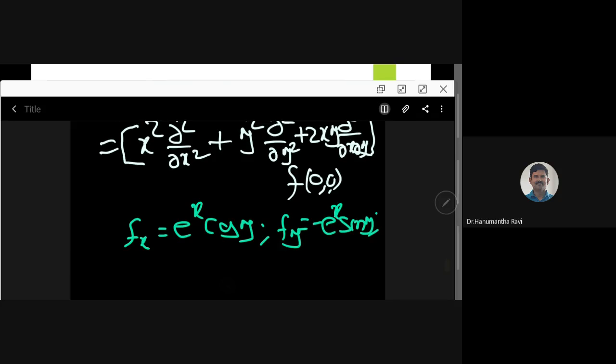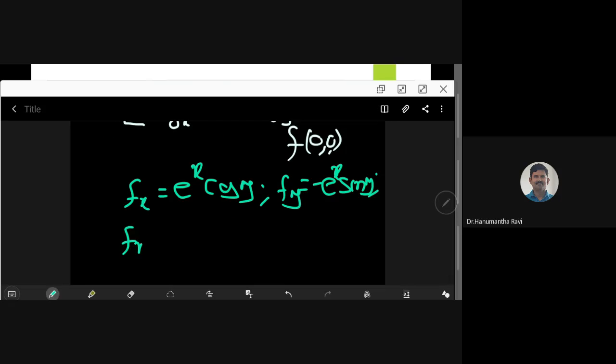And f_xx is e^x cos y, that is another time the partial derivative of f_x with respect to x. f_yy is minus e^x cos y.